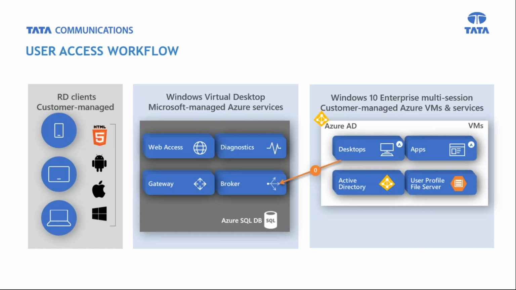This is a simplified user access. I wanted to share this specifically because, if you see from the left side, you have user access mechanism through any kind of device you can think of, be it laptops, be it mobiles, etc. And to the WVD pane through a secured pipe using multi-factor authentication and Active Directory authorization.